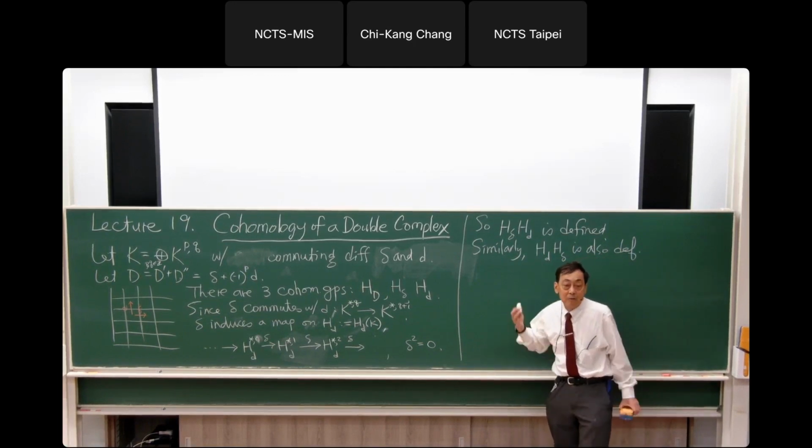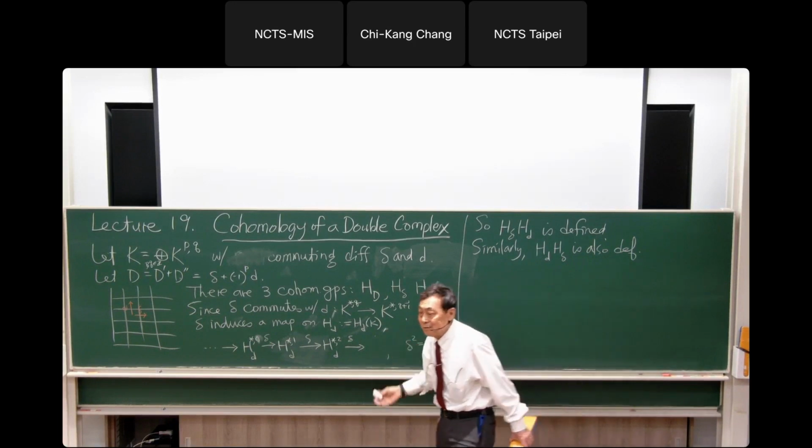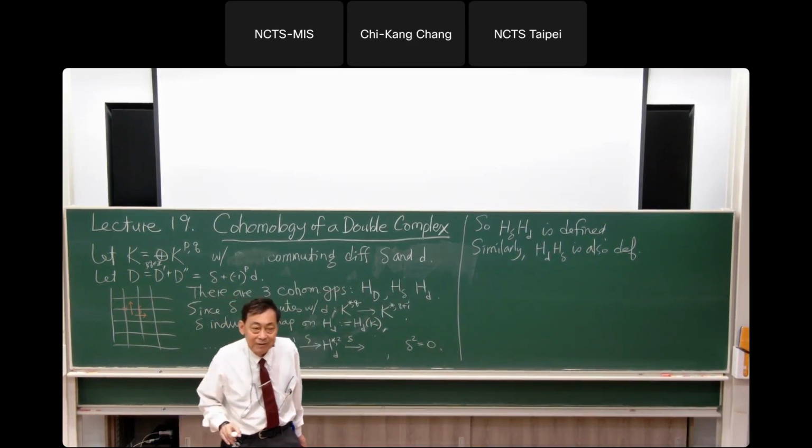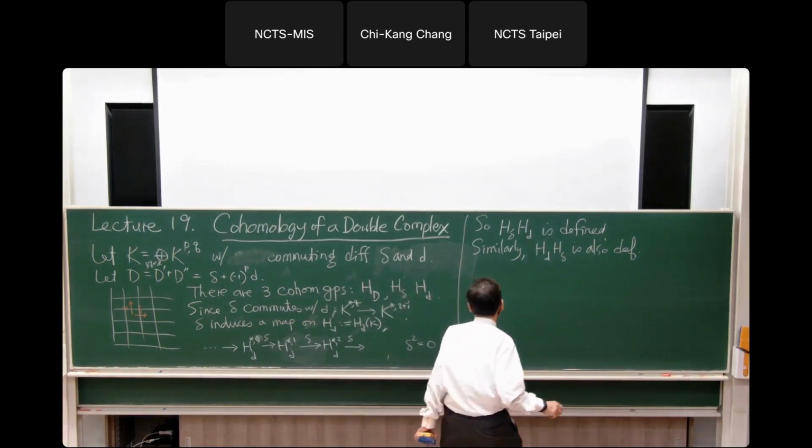So, associated to a double complex, you actually have 5 cohomology groups.